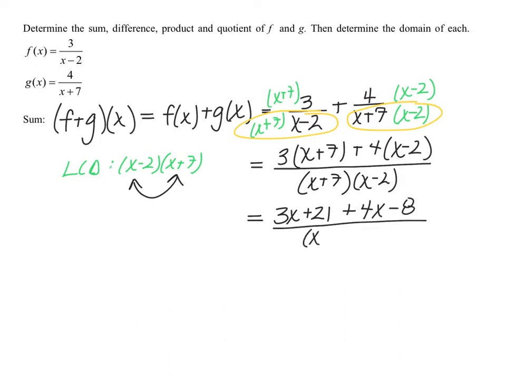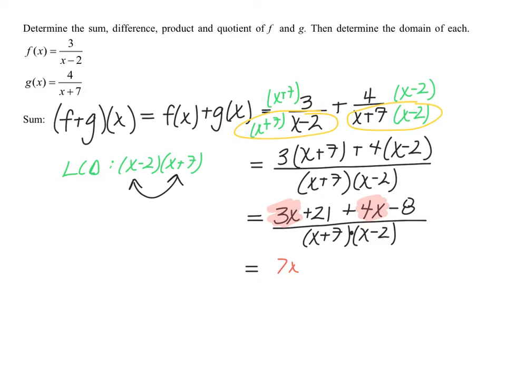And I would want you to leave the denominator factored. The denominator right now is already in factored form because it's written as a multiplication, as a product. So we want to leave it factored because in the end, we might find that this expression simplifies. And finally, we'll combine like terms. So remember, we have a 3x and a 4x, which we can add together to give us 7x.